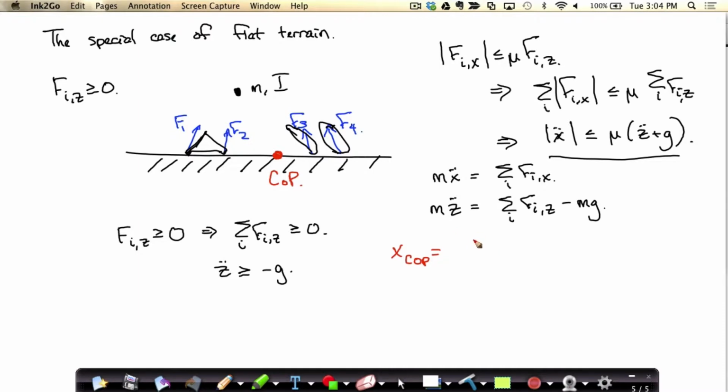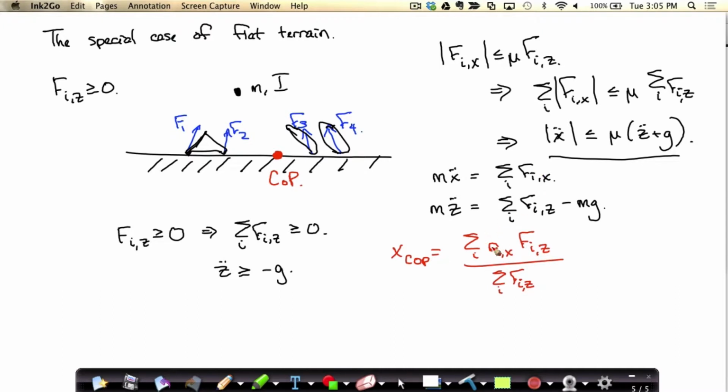So the sum over i of r_ix F_iz over the sum over i of F_iz. I'm just looking at the z component of those forces and taking a weighted average, and that gives me my center of pressure. It's a position, okay?